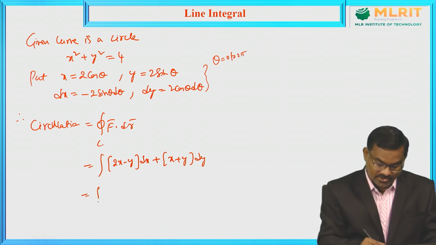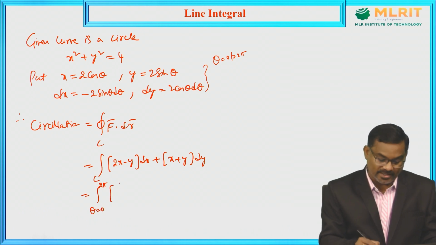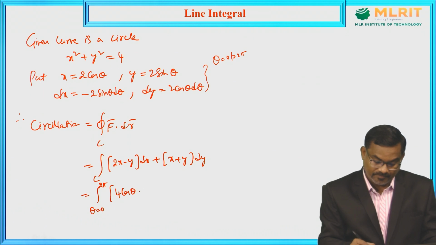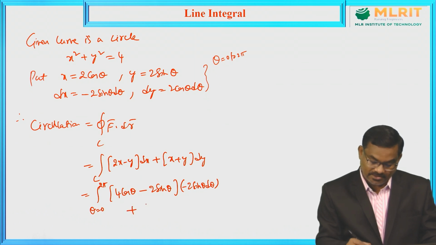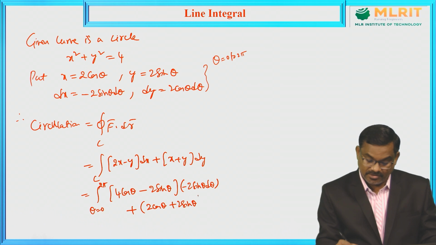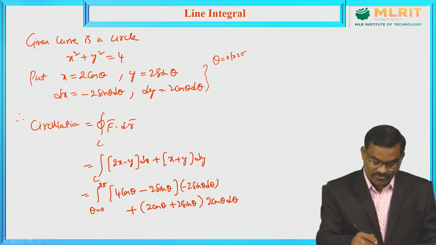So this is theta from 0 to 2 pi, 2 into x, so 4 cos theta minus 2 sin theta, dx is minus 2 sin theta d theta, plus x plus y, 2 cos theta plus 2 sin theta, into dy, 2 cos theta d theta. So first we need to simplify this.